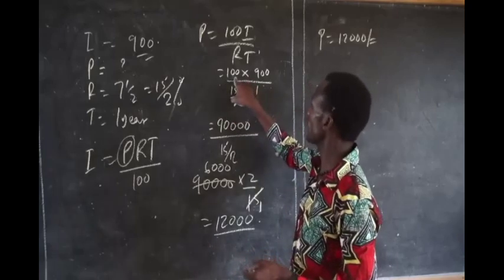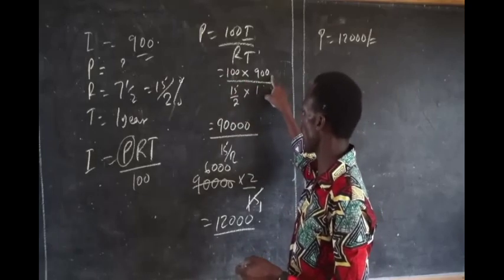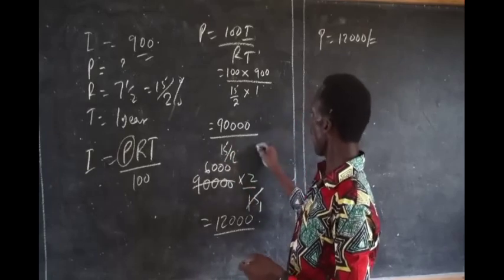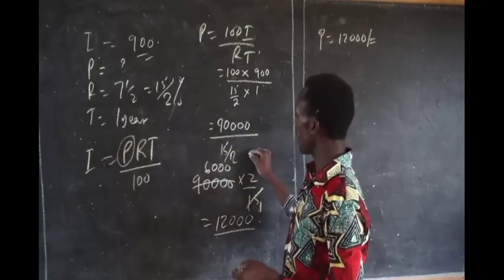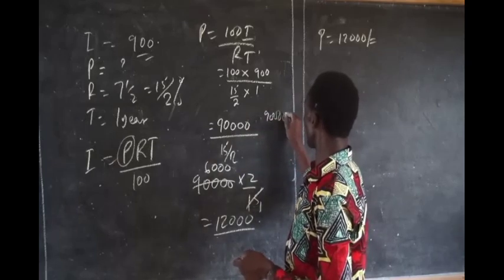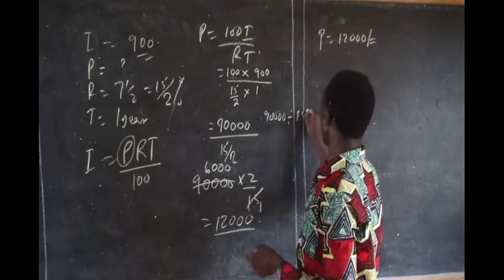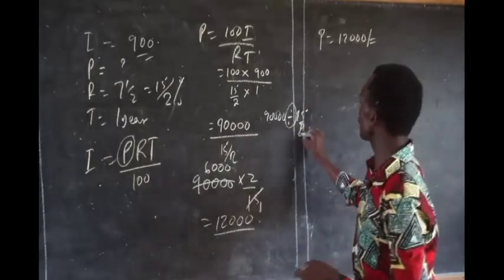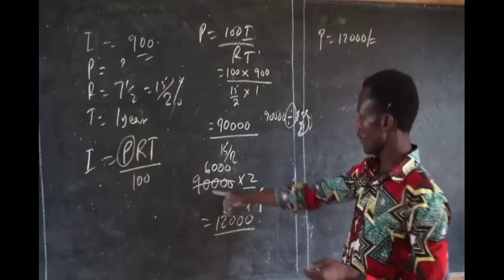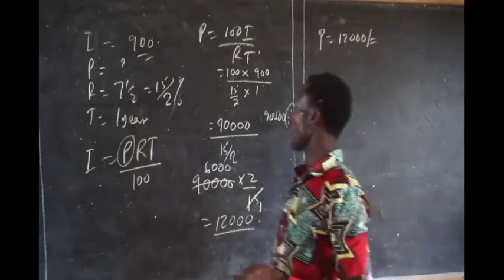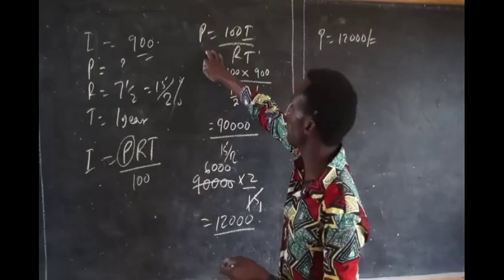Then you take this times this, you get 90,000 over 15 over 2. According to the principle of mathematics, it is 90,000 divided by 15 over 2. Changing this as we learned in fractions, it becomes 2 over 15.